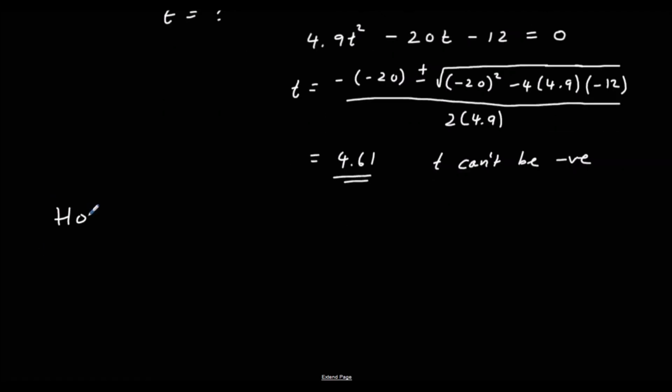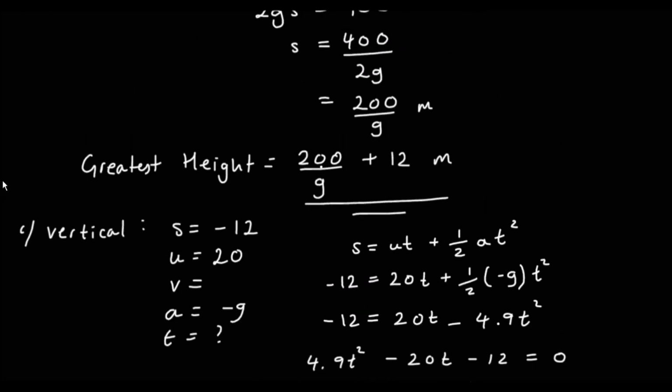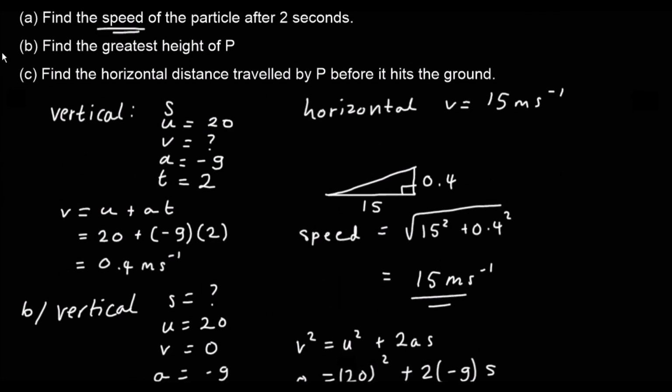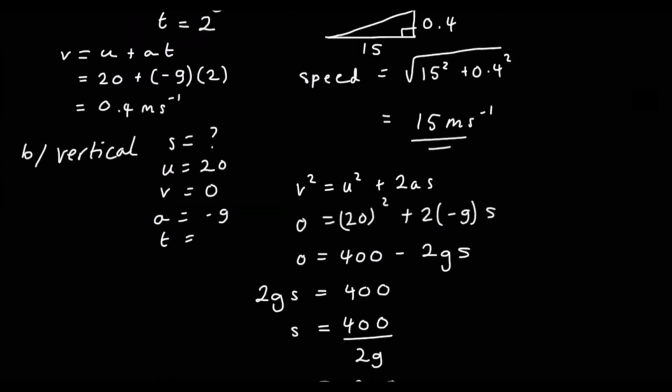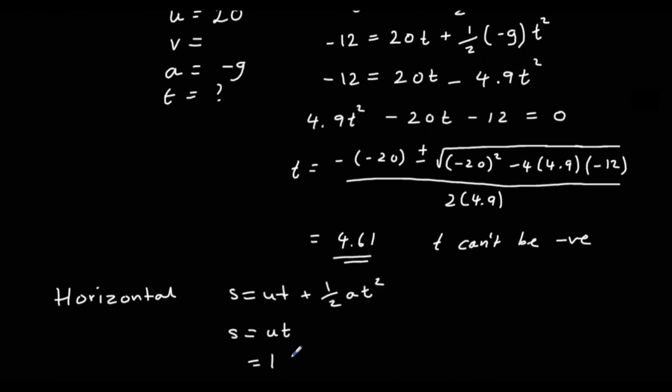So looking at the horizontal component now, remember s equals ut plus half at squared. There's no acceleration horizontally, so s equals u times t. u is 15 meters per second, so it's 15 times by our answer of 4.61.